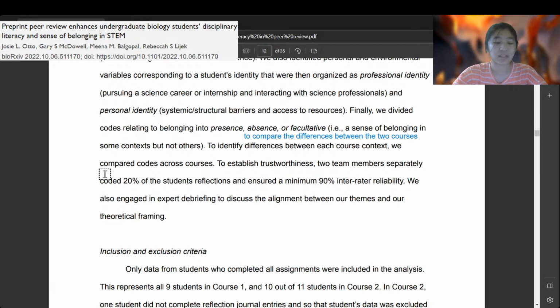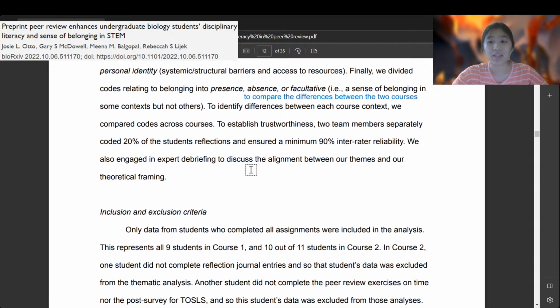So that's what coding means. They just read the section of the student's reflection and say this section is about this theme. And then they made sure that the analyses between the researchers were at least 90% similar.